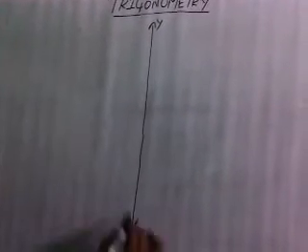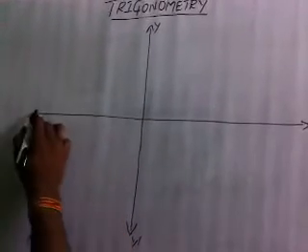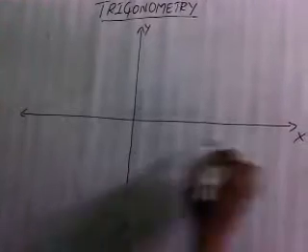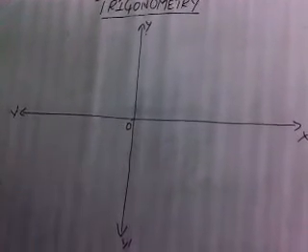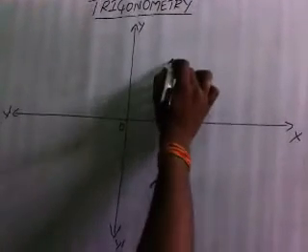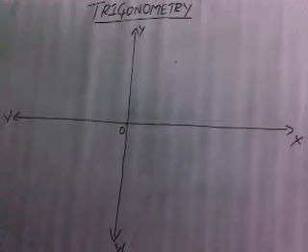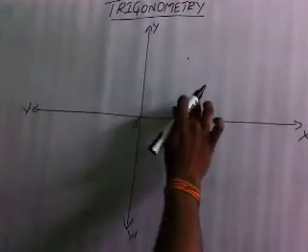Y-axis, x-axis, x dash. Let us take any point in the first quadrant. In the first quadrant, x is positive, y is positive.